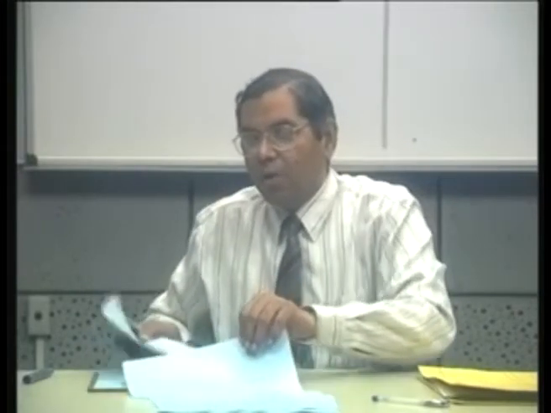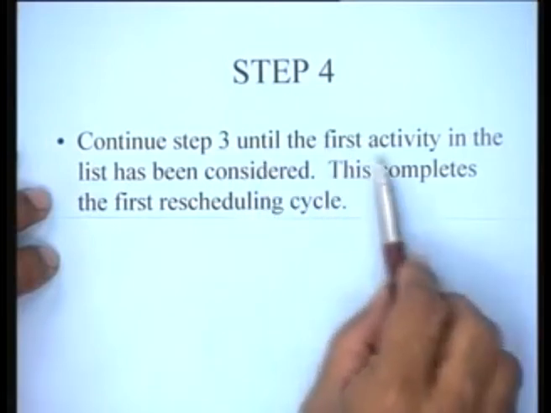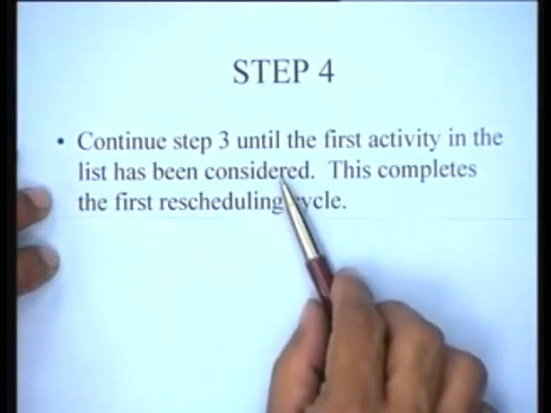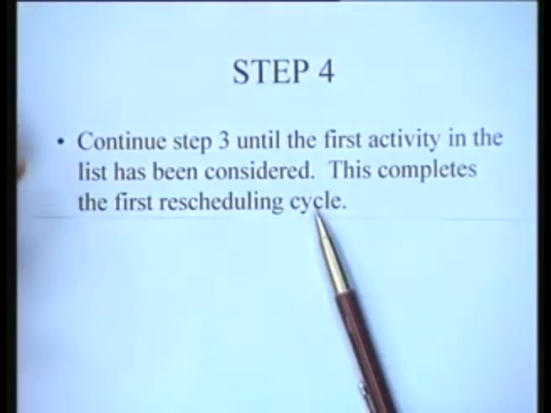So step 4 of the algorithm says to continue step 3 until the first activity in the list has been considered. This completes the first rescheduling cycle. So this is basically one complete iteration of the algorithm.